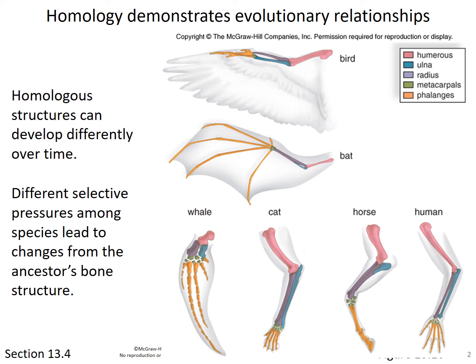So, do you need to fly? Then you need to be light. Do you have the need for a relatively robust bone? Do you need to lose bones like the horse has? How these actually develop is dependent on the natural selection pressures that are being exerted on these organisms.